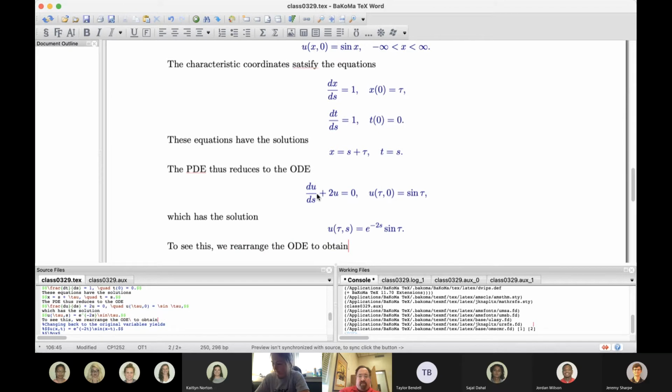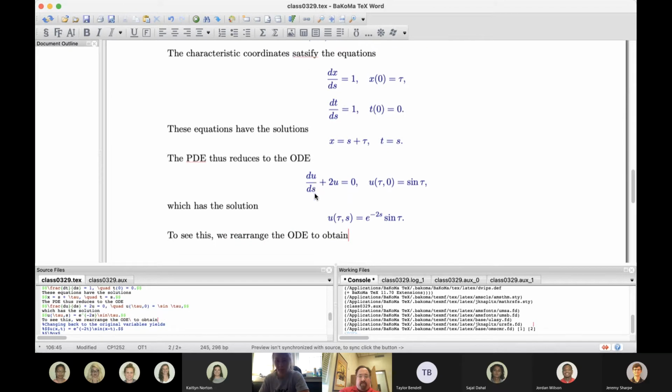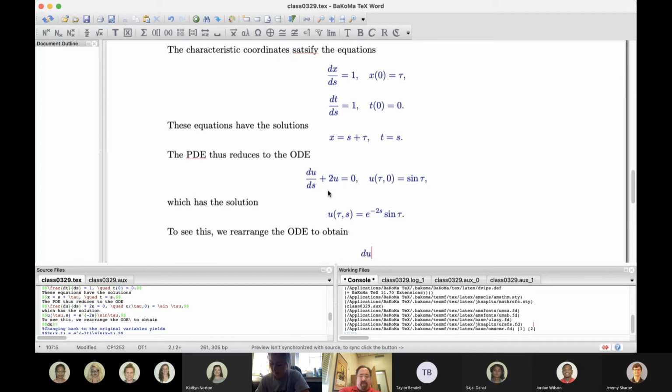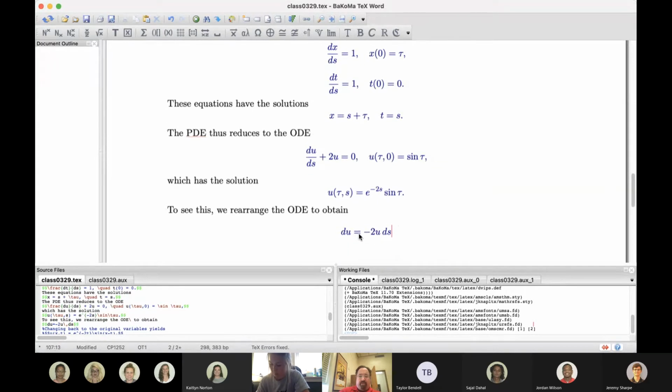Now to show you where that comes from, in case your ODEs are rusty, I can rearrange this to get du is equal to, so I can move the u to the other side. I get minus 2u ds, and then I want to separate the variables. I want to have left side depend on u, right side depend on s.